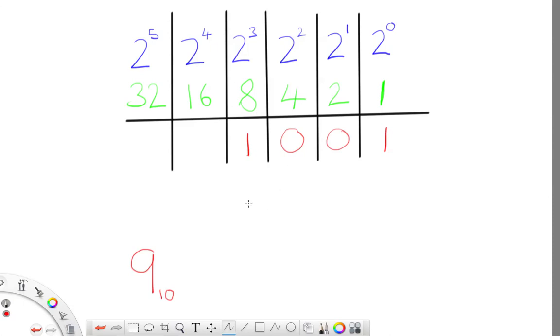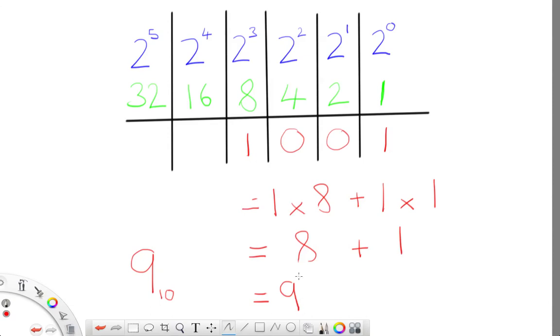So what that means is I've got 1 times 8 plus 0 4s, which is 0, 0 2s, which is 0, plus 1 times 1. That is the same as saying 8 plus 1. So the value I've represented here is the value 9.